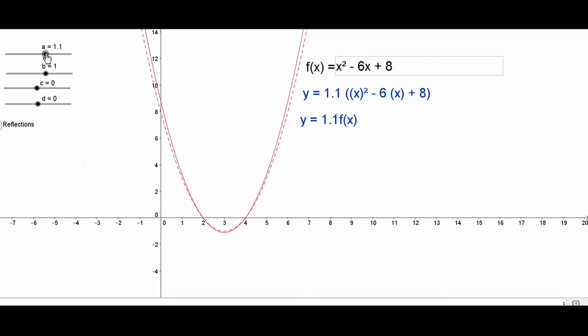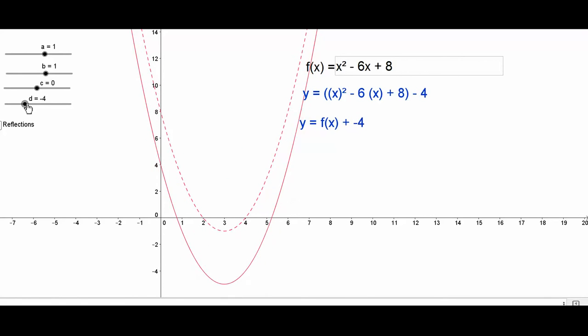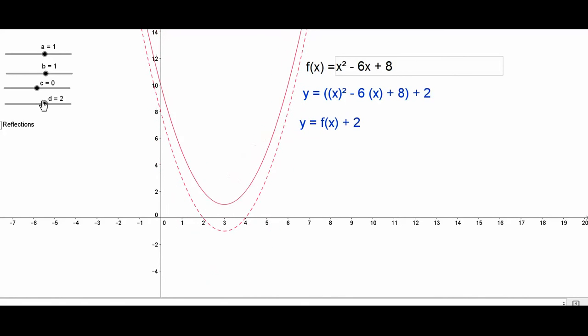For instance, if we were to do this, the curve moves up, and if we would do this, the curve moves down. Moving up and down is achieved by adding a value to the y-coordinate.